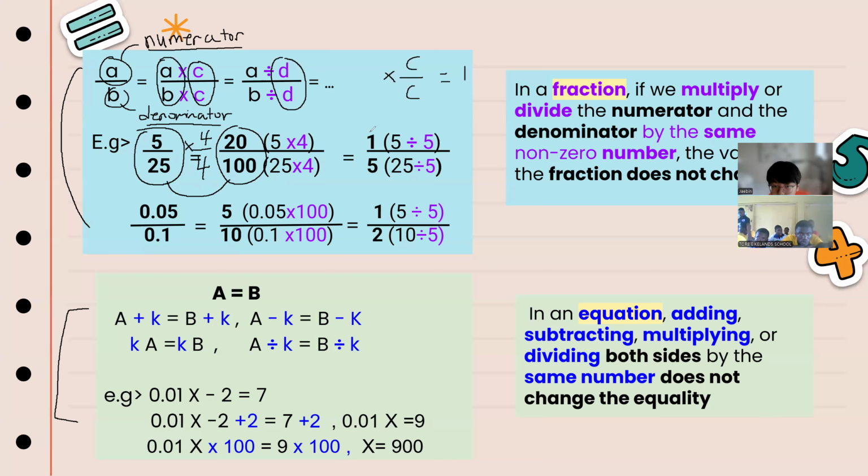It's also the same by dividing 5 over 25 by 5 over 5. So what we did here was divide by 5 both the numerator and the denominator.